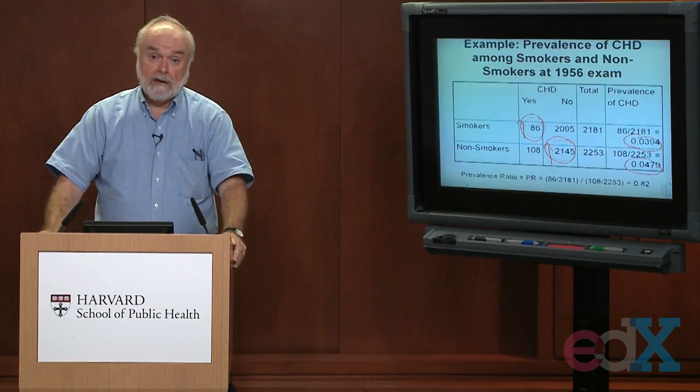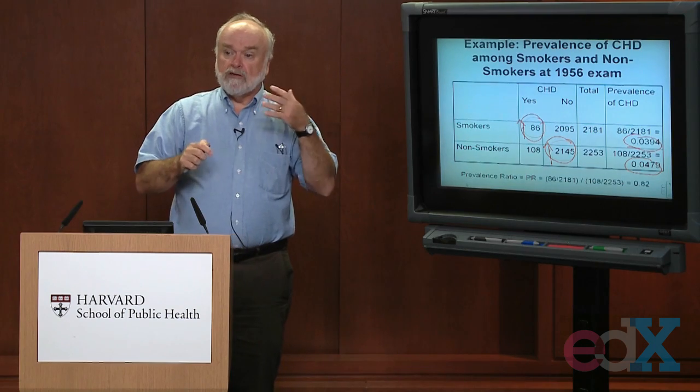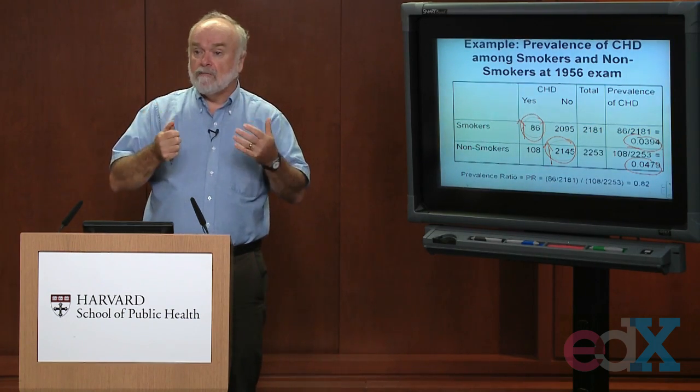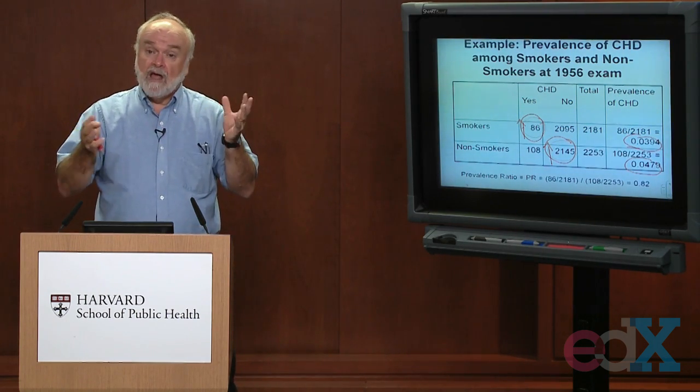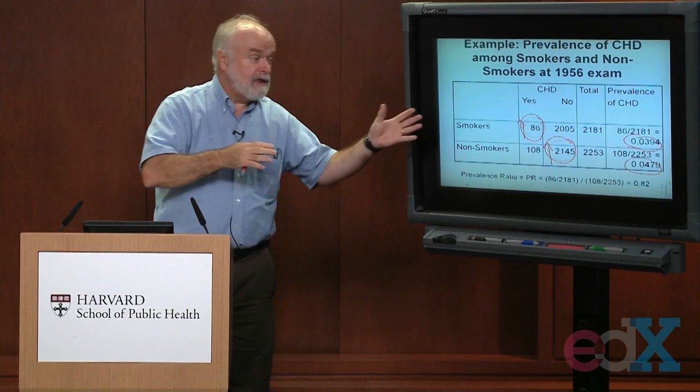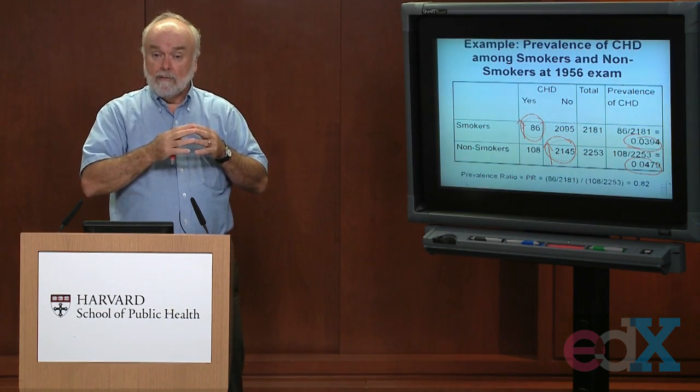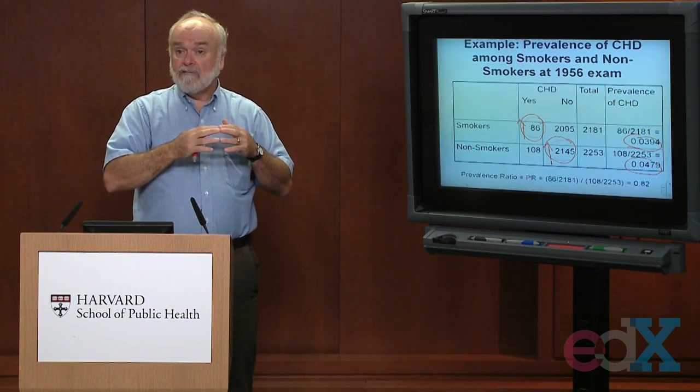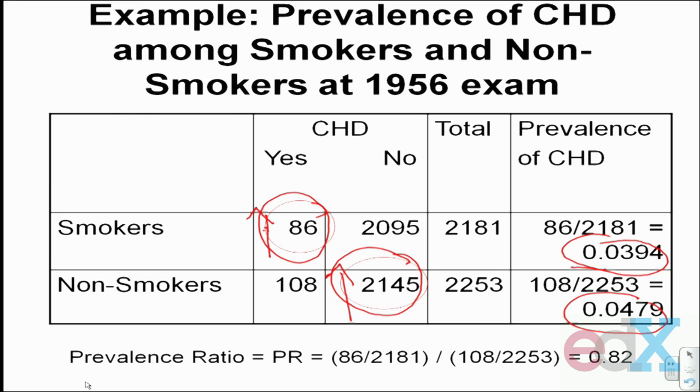The 775 people who were originally enrolled in the Framingham cohort tended to be people who either were smokers with heart disease or non-smokers without heart disease, and the result has led me to a table that we've been analyzing based on eliminating those 775 people and giving me a prevalence ratio that was in error, smaller than it should be, because of that selection bias.